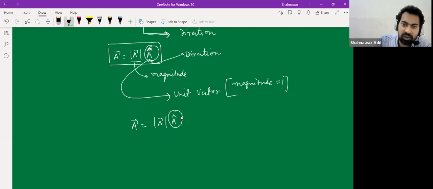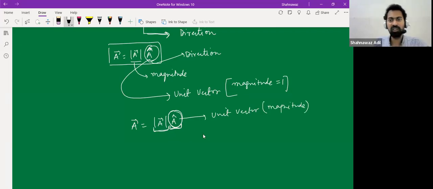So we calculate all the magnitudes and incorporate them in this part only, and this part only tells about the direction. That's why this is called the unit vector and it has the magnitude which is 1.